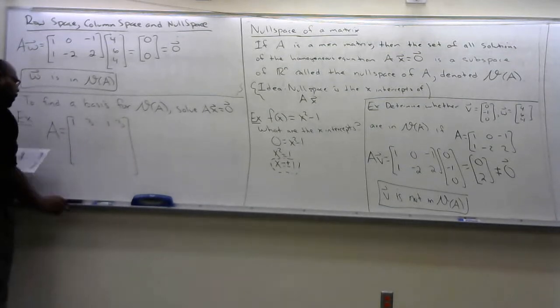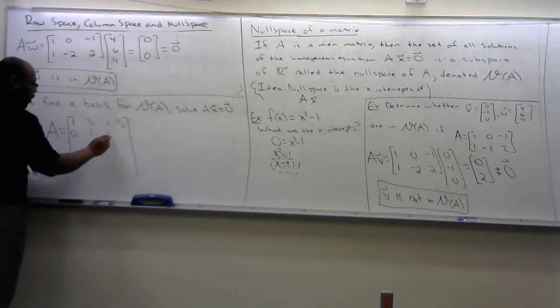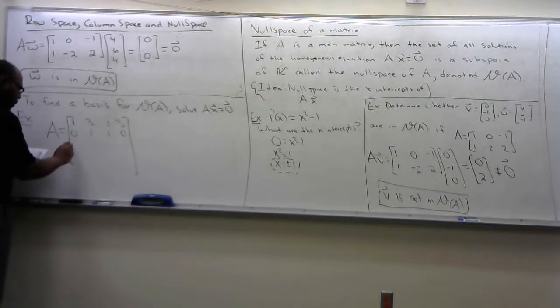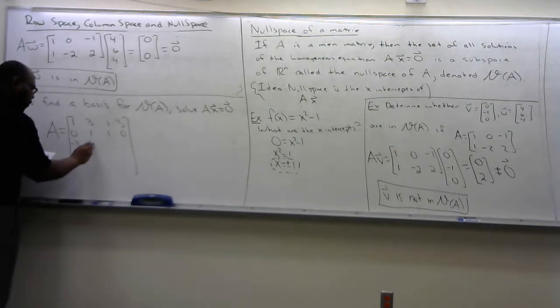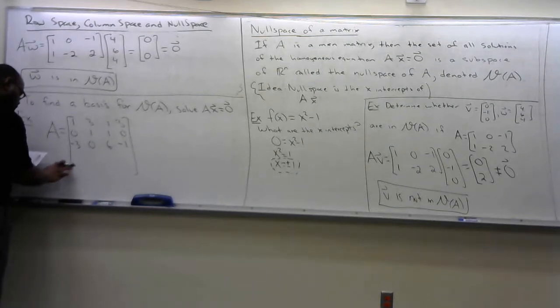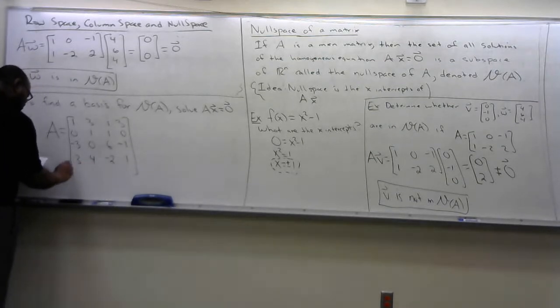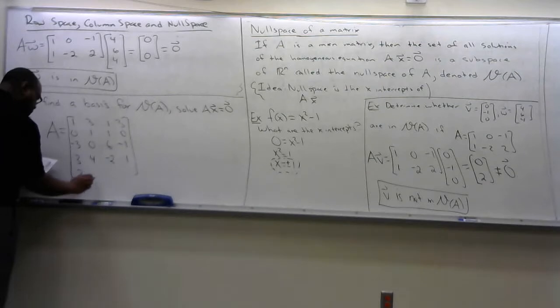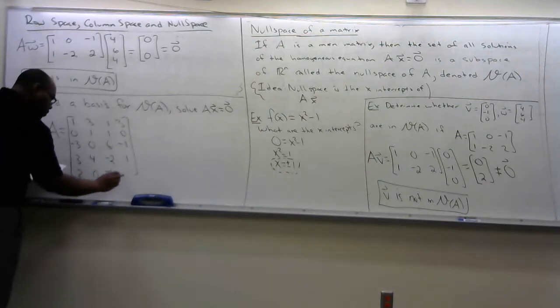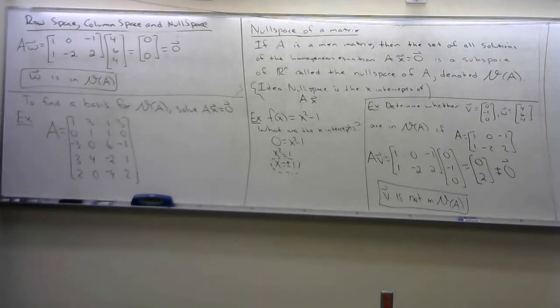So we get 1, 3, 1, 3, 0, 1, 1, 0, negative 3, 0, 6, negative 1, 3, 4, negative 2, 1, 2, 0, negative 4, and 2. So this is my matrix A.